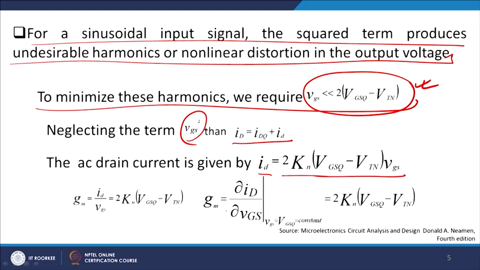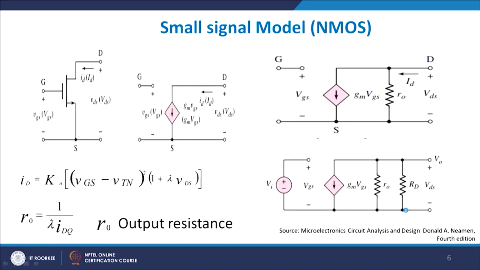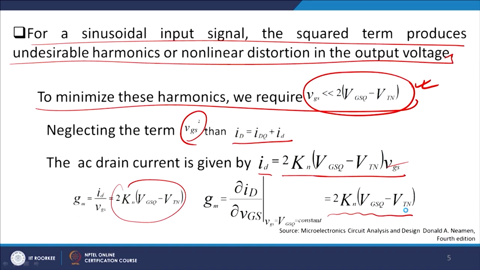And gm is defined as the rate of change of drain current with gate voltage; if you differentiate with respect to gate voltage, this term vanishes and you get this. So gm is 2 times Kn times (VGSQ minus VTN), and this is the value of transconductance, which you get from the basic fundamental principles.